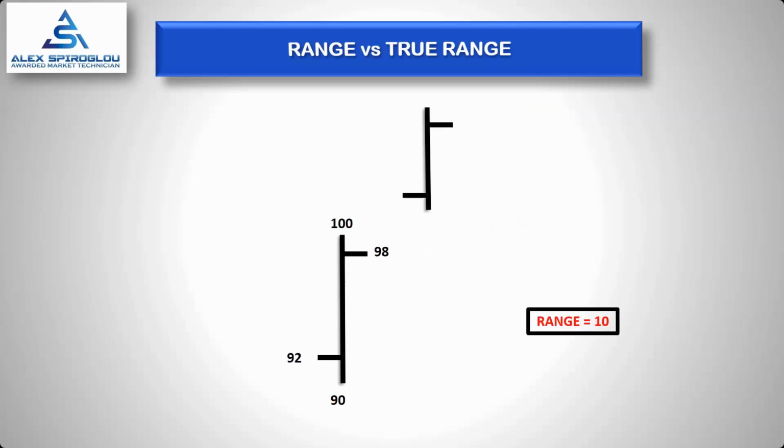Then we have another bar. It has the following prices: high 110, low 102, close 108, and open 104. So please, in the chat box, write down to me what is the range of this bar.